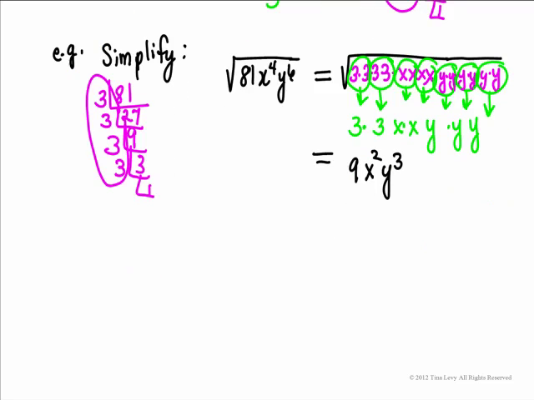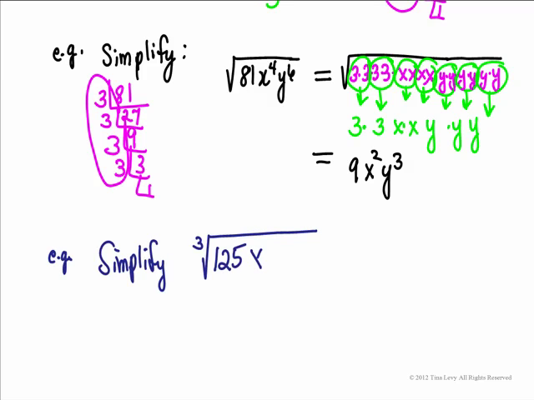Another example, I might say simplify the cube root of 125 x to the 6th y to the 3rd. So for this, I'm going to rewrite it.